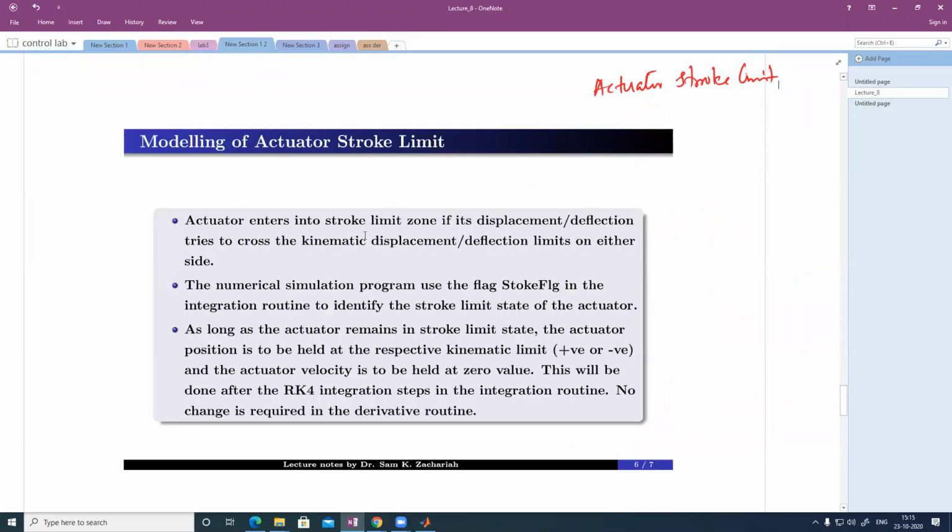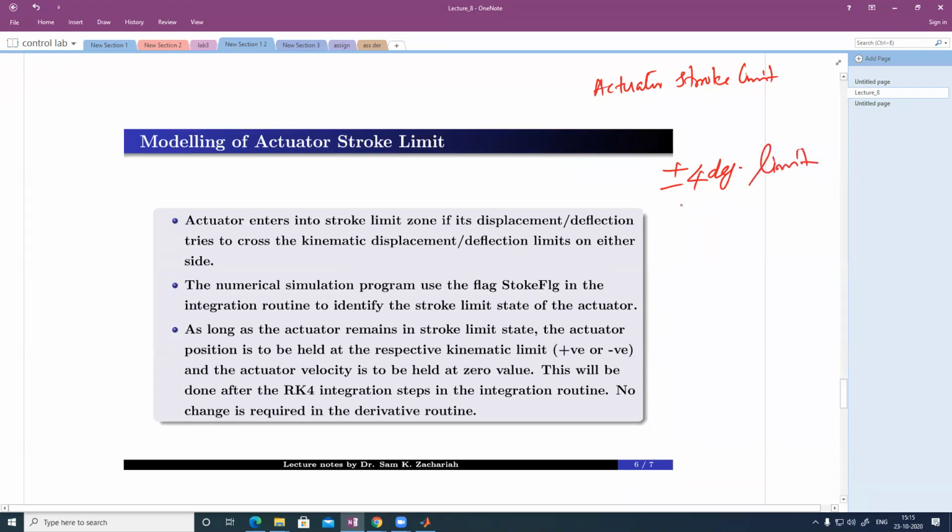So the actuator stroke limit is the zone where, if the deflection tries to cross plus or minus 4 degree in the output, it will limit.